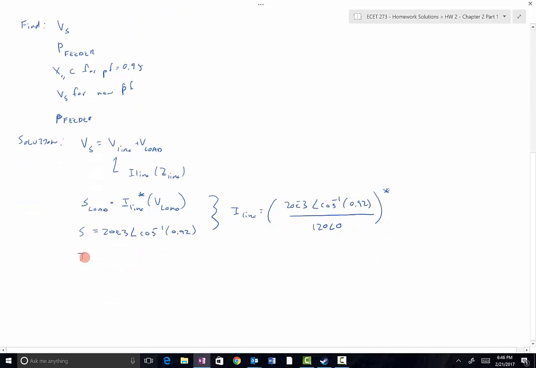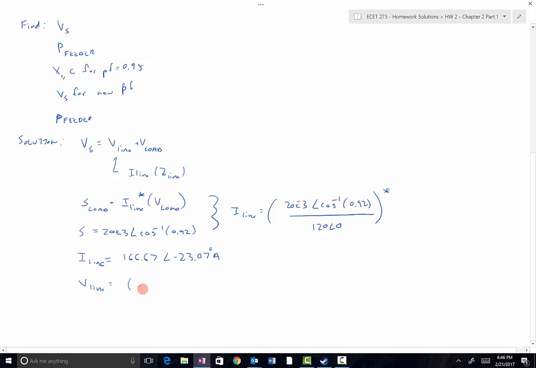Throw that into your handy dandy TI-89. You'll find out that the line current in this example is 166.67 at an angle of negative 23.07 amps. So I've got my line current there. And go ahead and plug it in right here to determine line voltage, the voltage drop across the feeder itself.